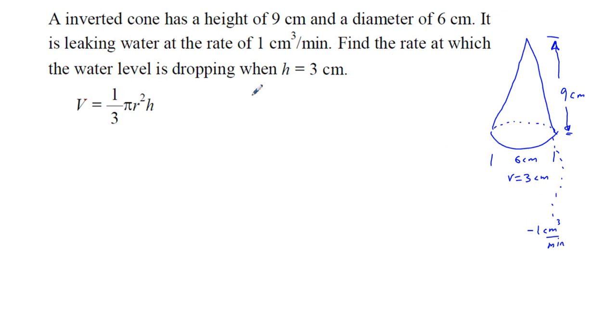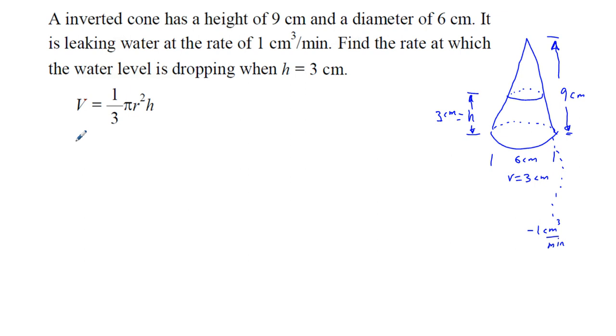Find the rate at which the water level is dropping when h equals 3 centimeters. And so we have an h here, which would be the current water level, and that's going to be 3 centimeters.